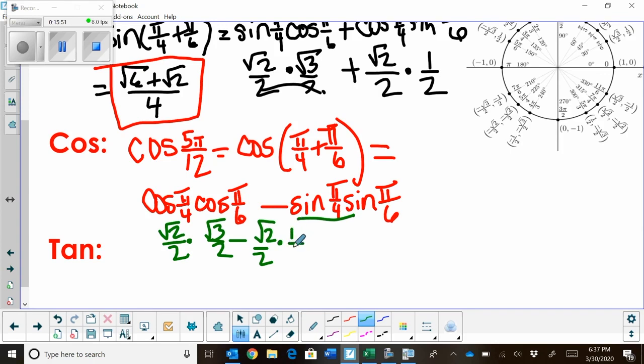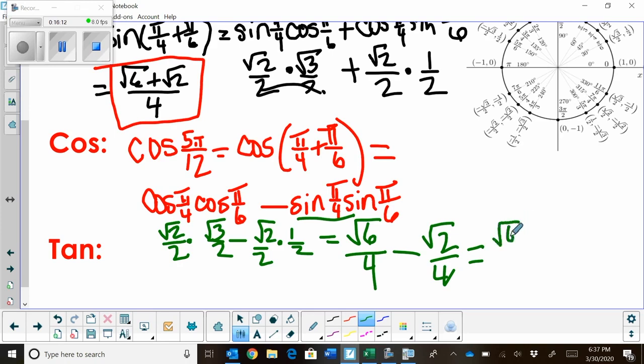So we end up with the quantity, well, the first term is going to be root 6 all over 2 times 2. I won't do it this time. That's 4 minus root 2 all over 4. So if we clean that up and just put those together, we're going to get a root 6 minus a root 2 all over the quantity 4.